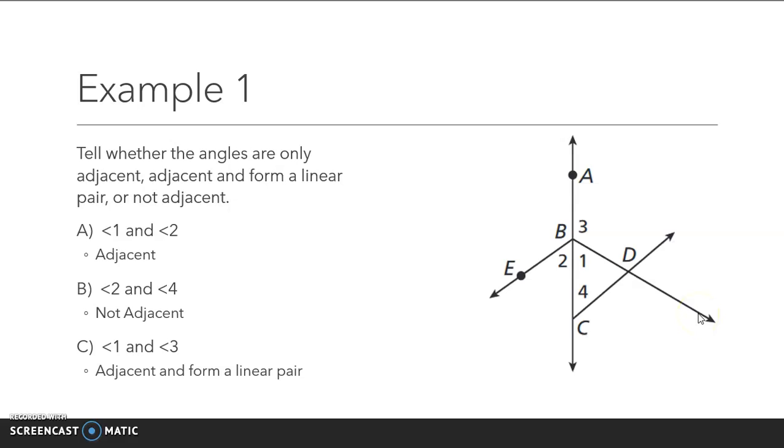For angle 3, it comes in this way, B is the vertex, and it goes this way up through A. So they do share the same vertex, B. They share this side, BD, and they make a straight line over here. So that means they're adjacent because they share a side and they have the same vertex, and they are a linear pair because this is a straight line.